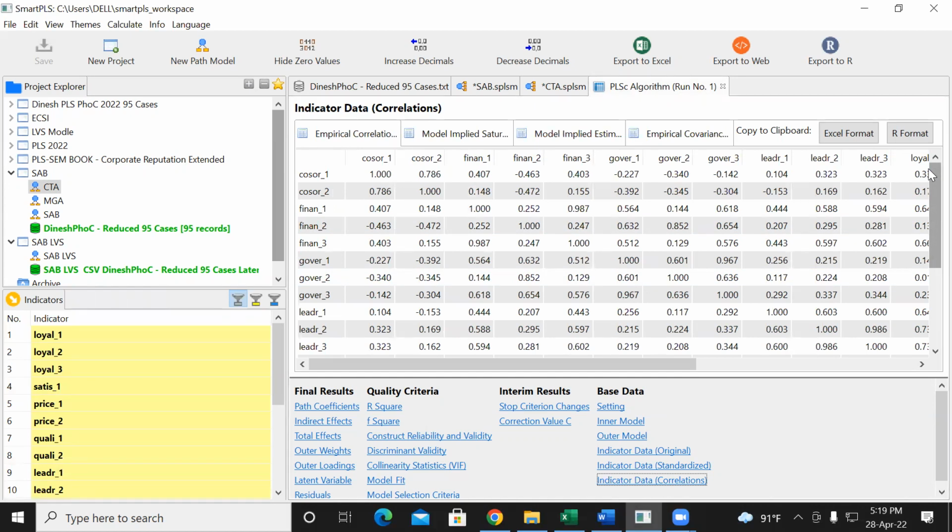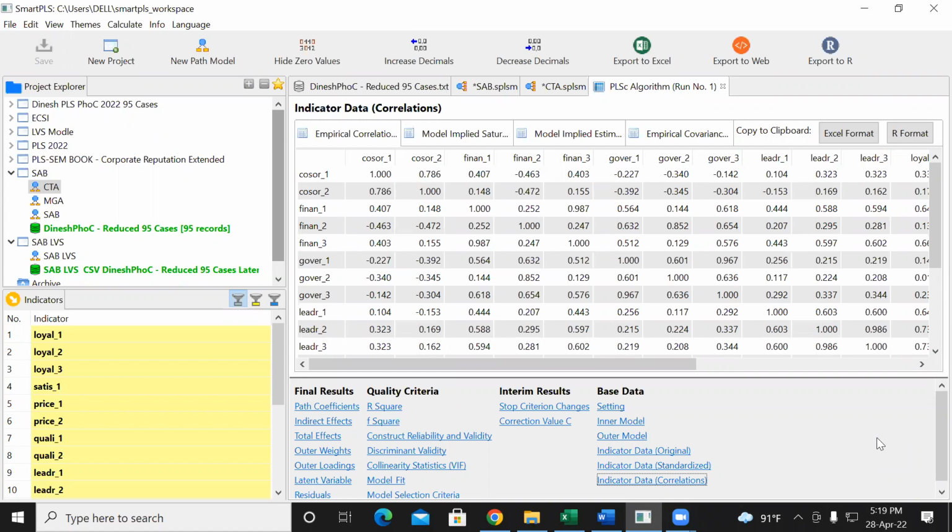You can see the correlation between corporate social responsibility indicator 1 and indicator 2 is 0.786. Likewise, positive and negative correlations are there. Now, this is step 1 in the tetrad analysis. Look at the indicator correlations, indicator level, when you run the analysis. This is the first step.